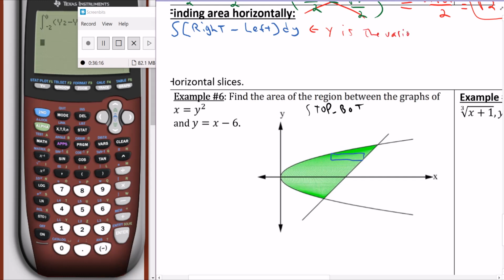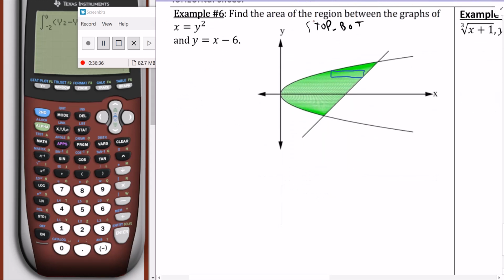Meaning all equations should be written in terms of y. And then the limits of integration are y coordinates, which is really important. You have to be putting y coordinates there, not x coordinates, right? So it's almost the exact same thing, except everything is getting replaced with y, right? So we're not doing top minus bottom, we're doing right minus left.